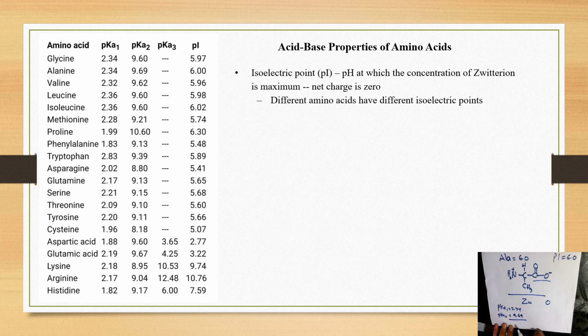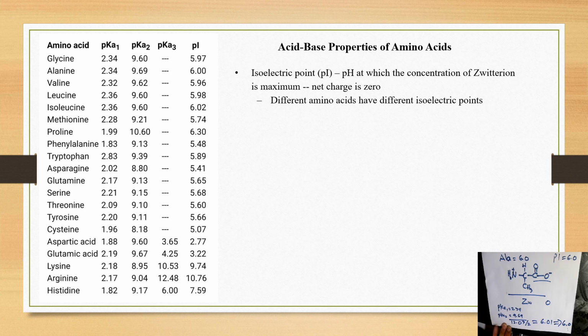You get the sum of that, that's around 12.03, and then you divide that by 2, the answer is 6.01. So rounded off, 6.0. So that's how we get the isoelectric point of an amino acid.